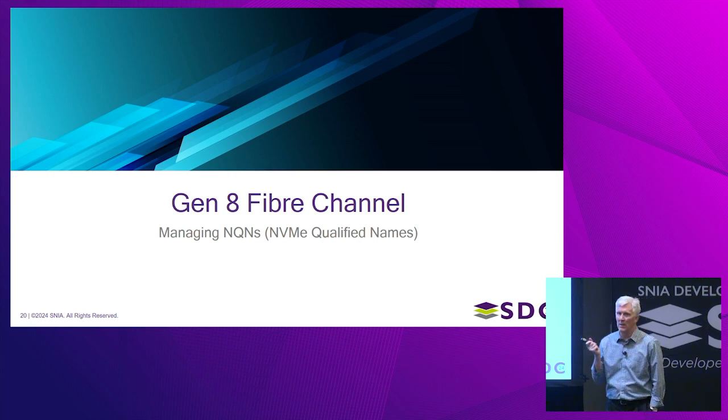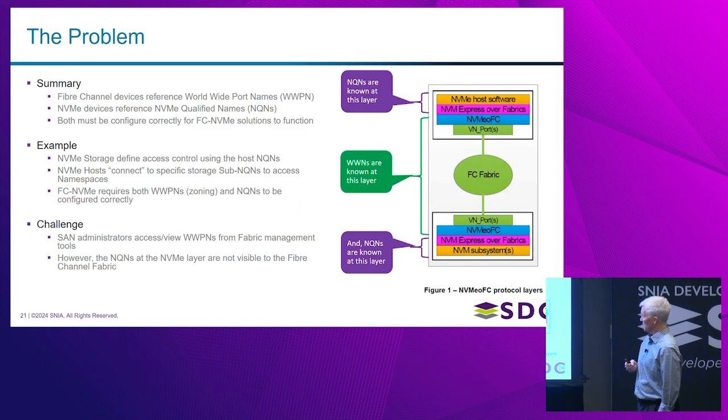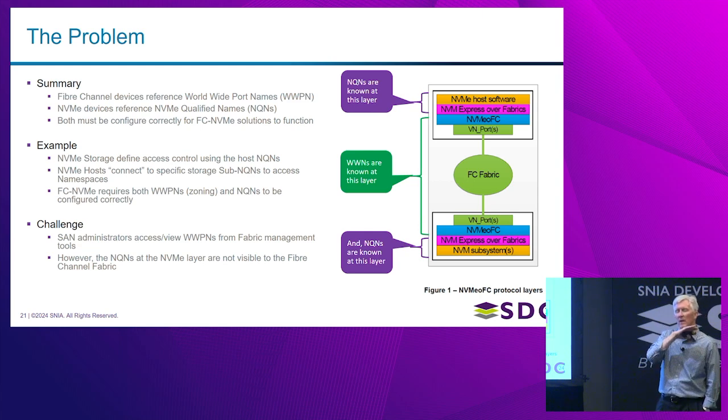What I'm talking about here is a management of the NVMe qualified names, which is a way to identify the endpoints in an NVMe environment. With NVMe over Fibre Channel, you end up with two components that are really controlling the access control.